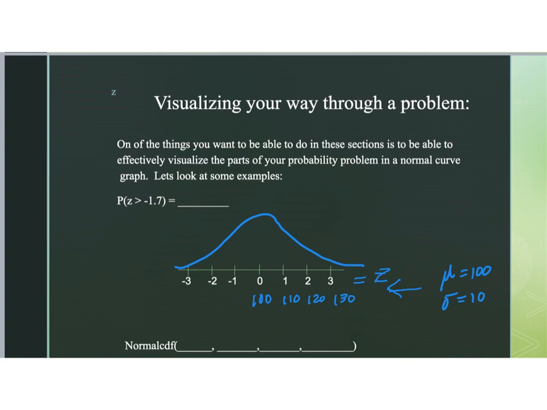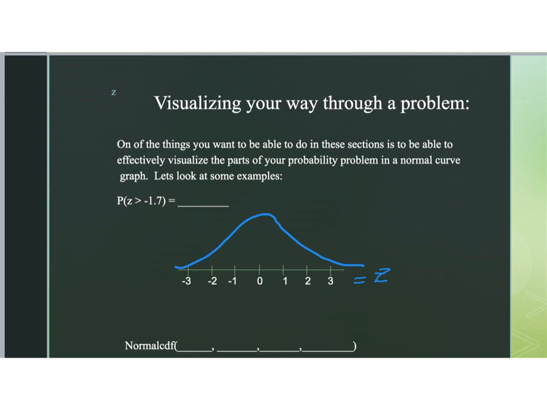And then we would subtract 10 going in the other direction. So depending on what the particular problem is talking about, you want to label out to two or three standard deviations in either direction.